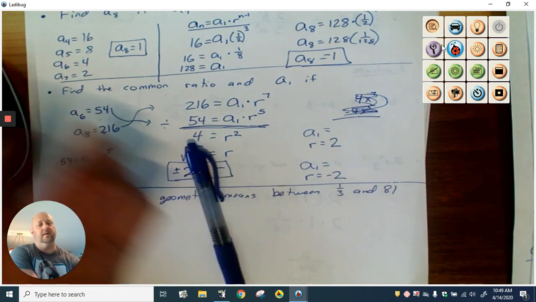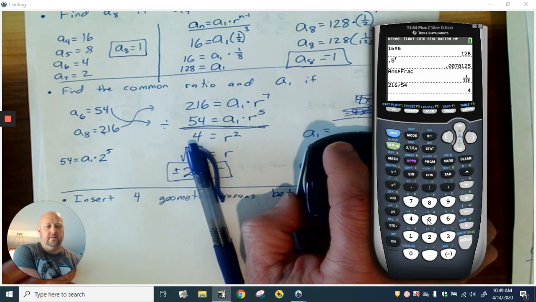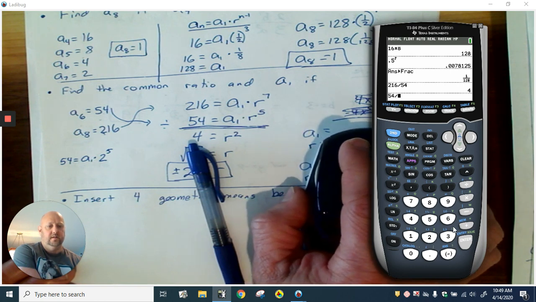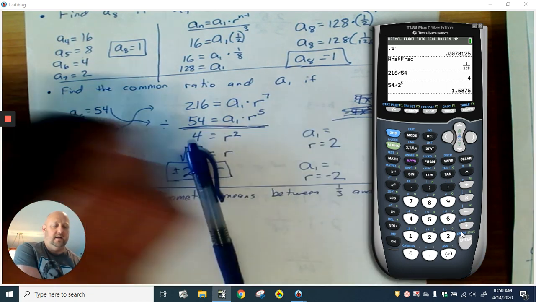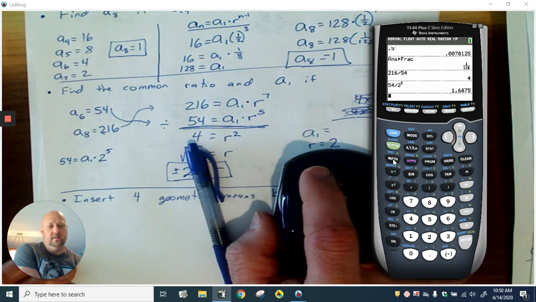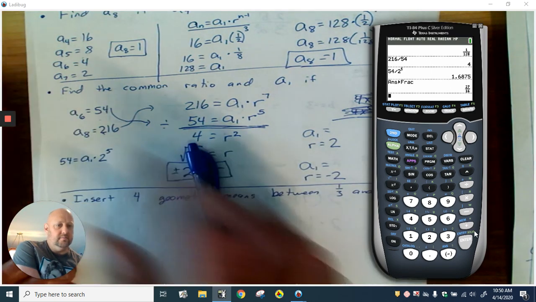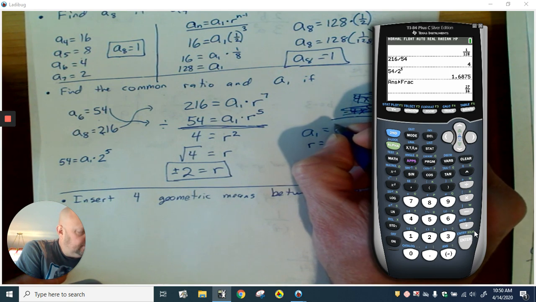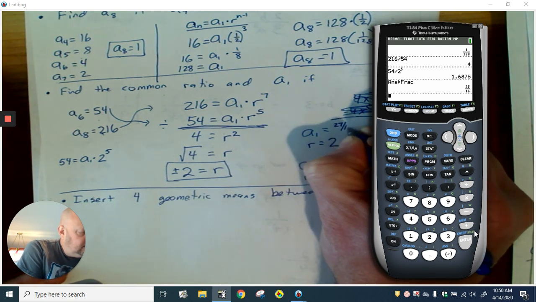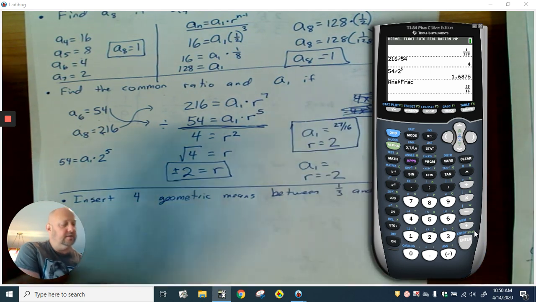So basically we have to do 54 divided by 2 to the 5th power. And I get 1.68. I'll put that as a fraction to make it a nicer number, which is 27 over 16. So this is one answer to that question.